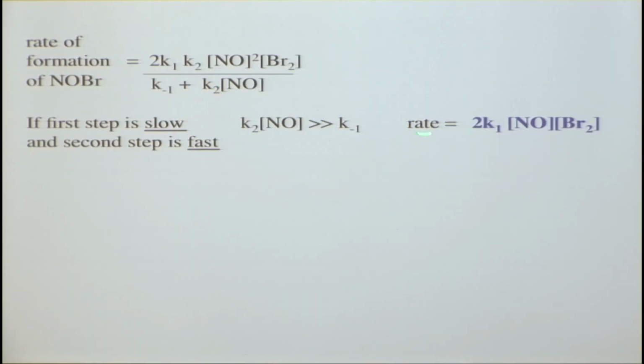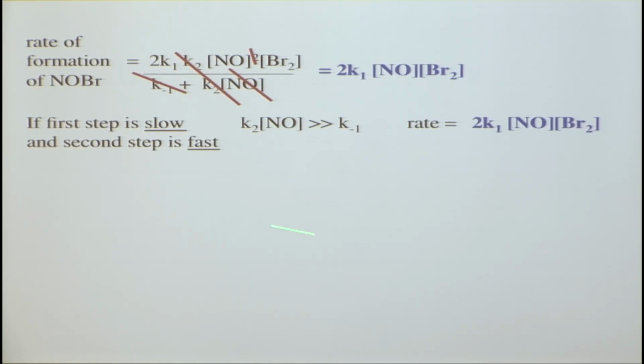Both are on the bottom here. And if this term, k2 NO, is much, much bigger than k minus 1, then k minus 1 goes away. If we get rid of k minus 1, we can simplify the expression even more. We can get rid of our k2s, and we can get rid of one of our NOs, which gives us this.